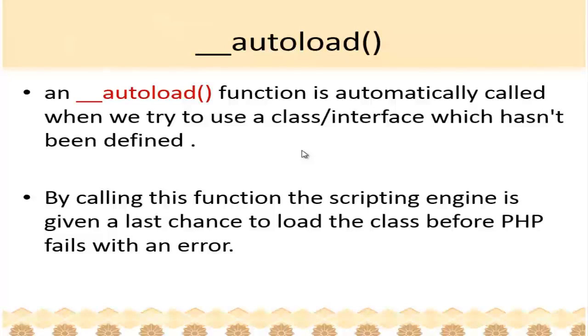In PHP, such a restriction is not there, but it's a good practice to have the files with the same name as that of the class. But the only problem is when you have the file name with the class, they have to be included in your code.